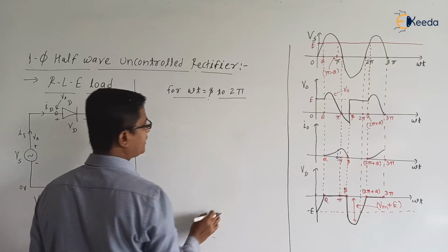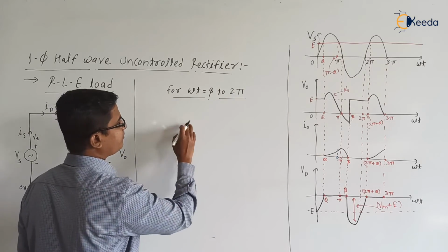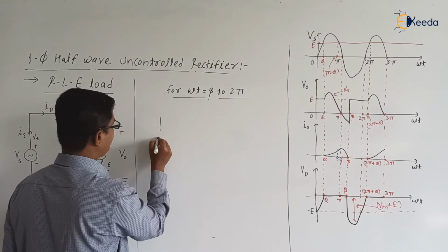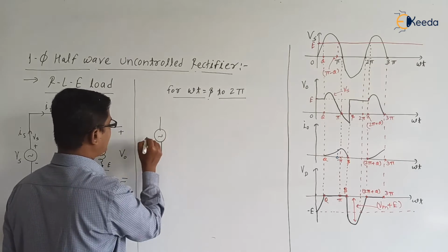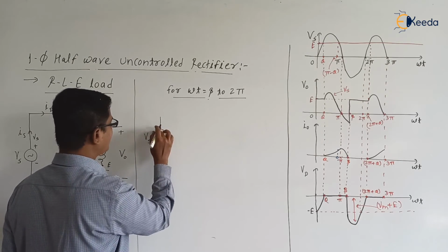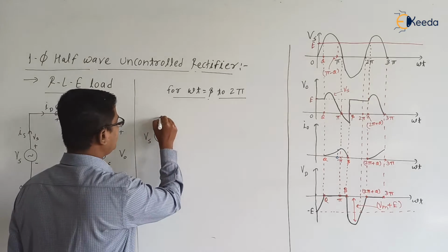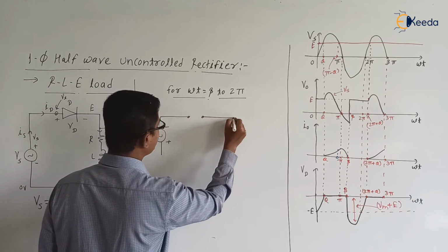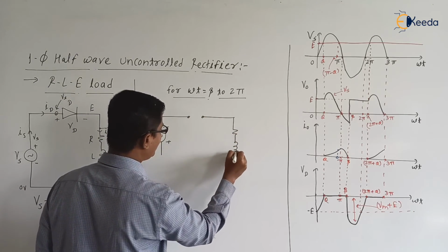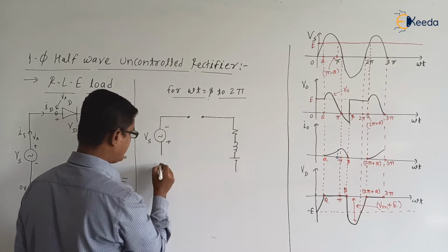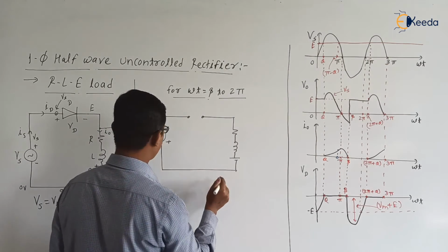As I said, the inductor here has released its energy. So the inductor energy becomes less than the energies of E and Vs. So the diode will be in the reverse bias mode now, and the circuit will be at the rest position.